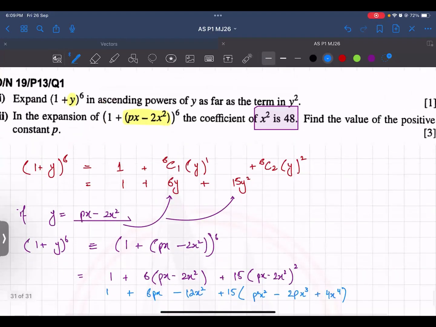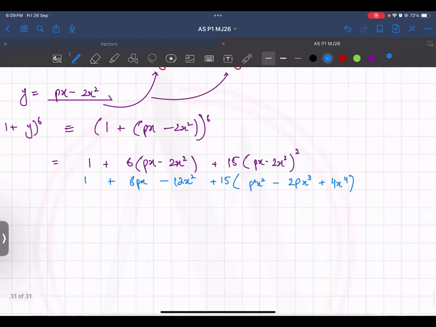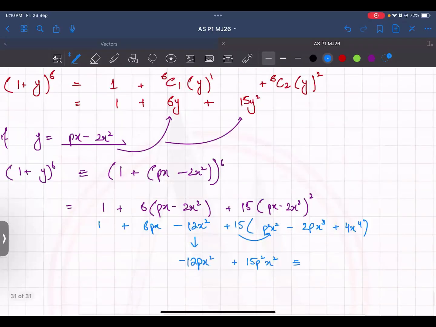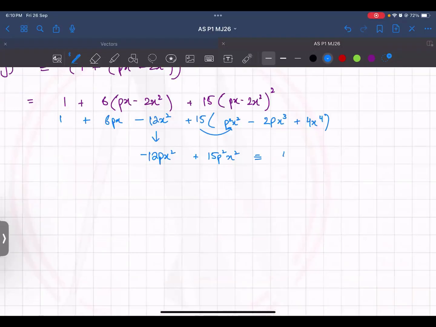And now they want to work with the coefficient of x square. So whatever terms are getting you x square are these, and x square is what you get when you multiply these two things. So this will be 15p square x square. And they have given you that the total coefficient of x square is 48. So this is 48x square, so x square cancels out.